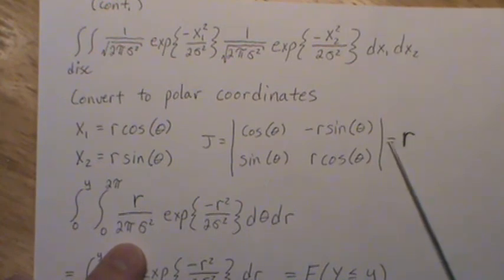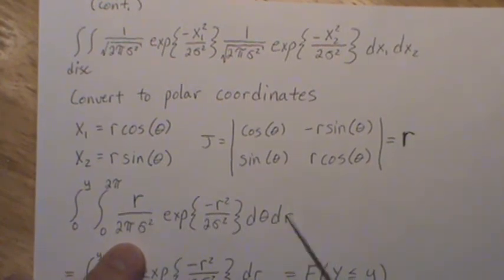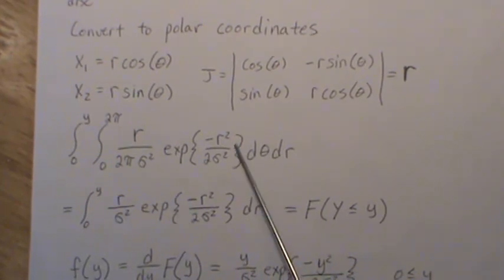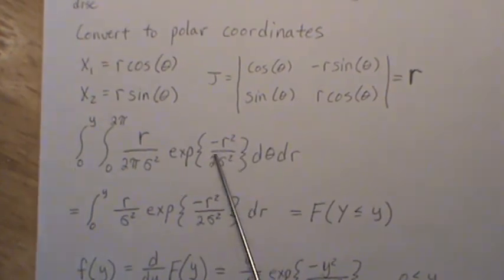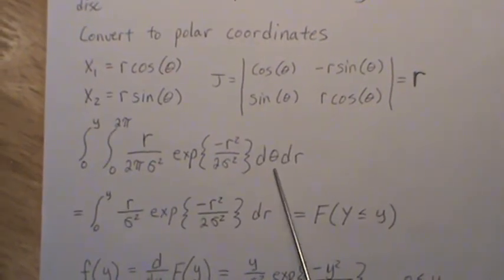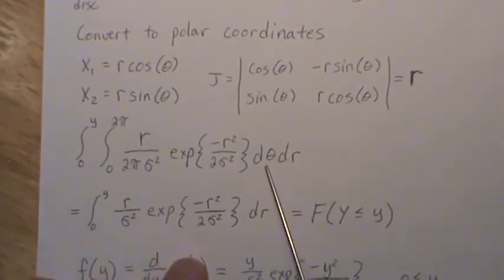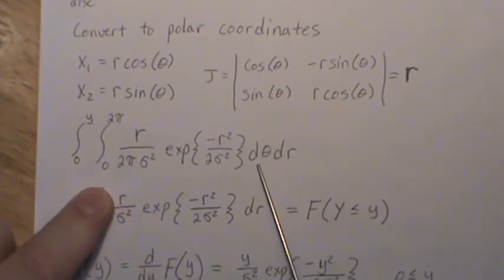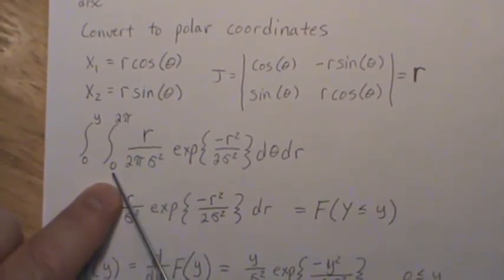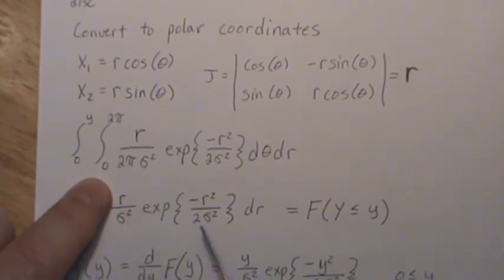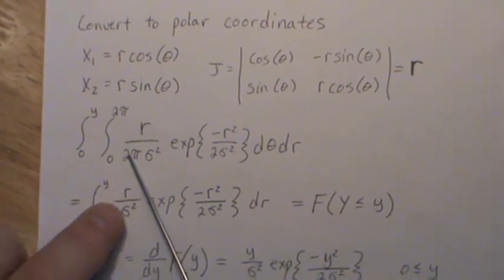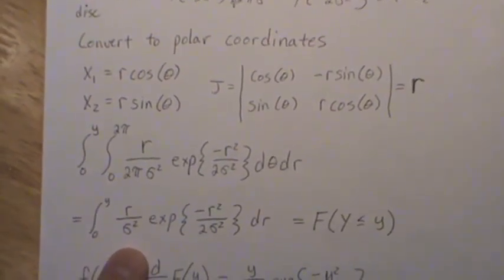And don't forget the Jacobian, d theta dr. There is no theta here, so this piece can be moved out, and we're just integrating 1, and the antiderivative of 1 is theta, plug in 2 pi minus 0, we just get 2 pi, and that 2 pi cancels with this. That's why we're here.